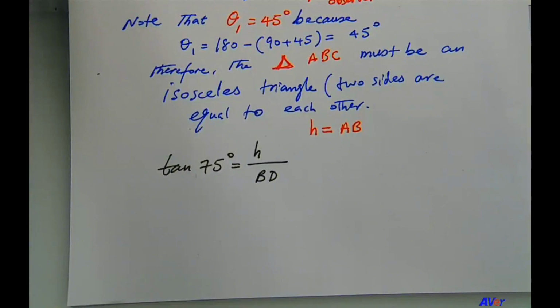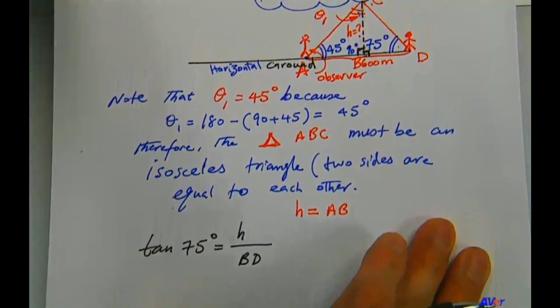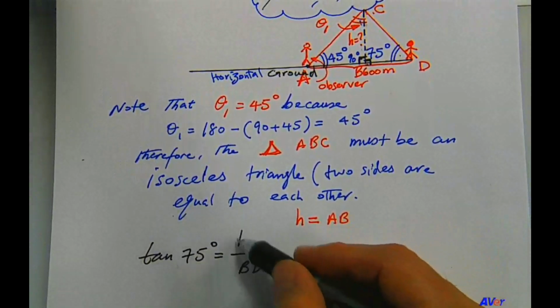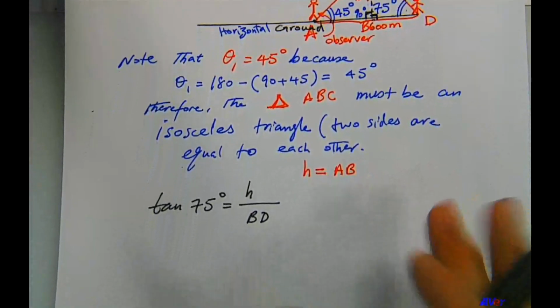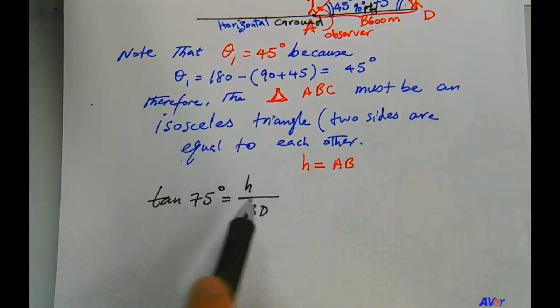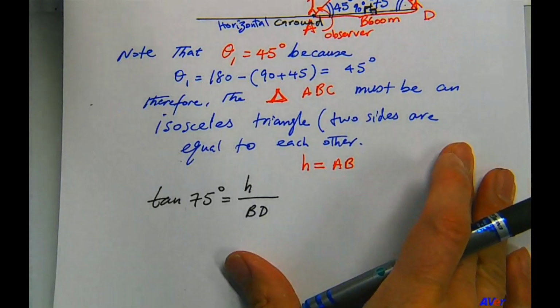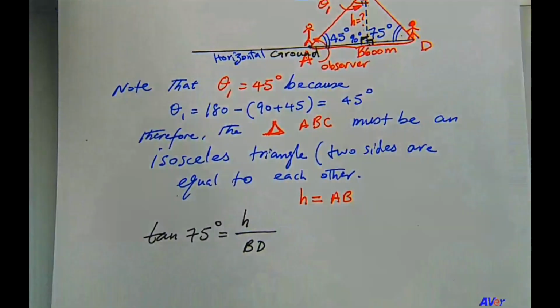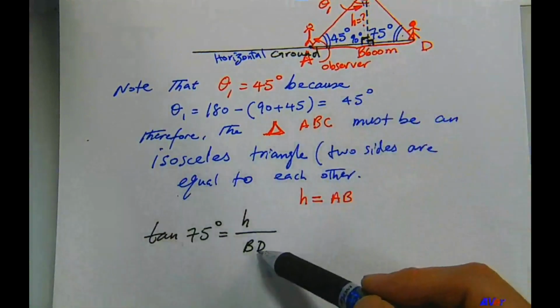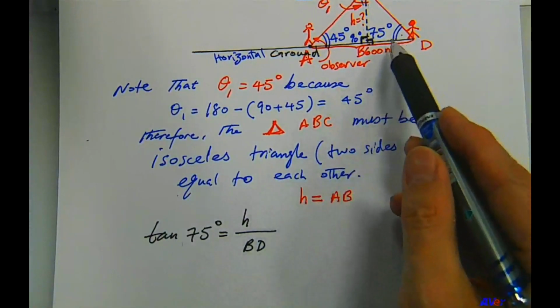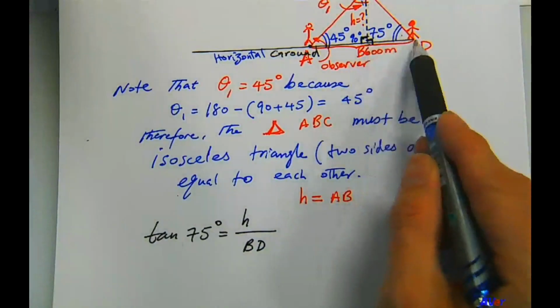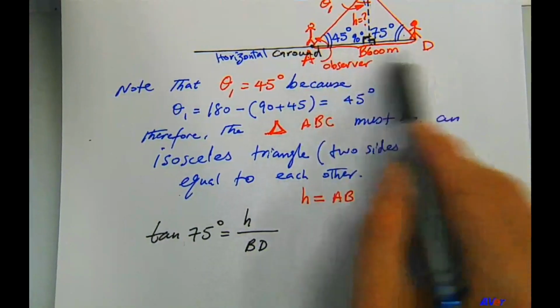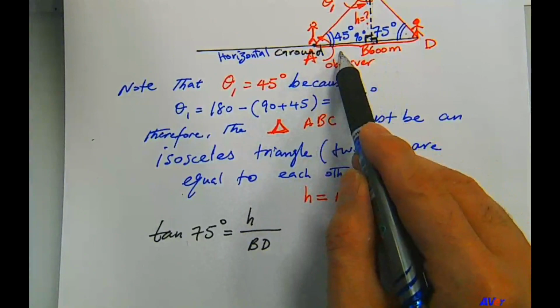Okay. So let's bring this down and have a look at it, because here we have two unknowns. We can't find H unless we know what BD is. Well, then let's note that BD, that side from here to here, is equal to 600 minus AB, right?